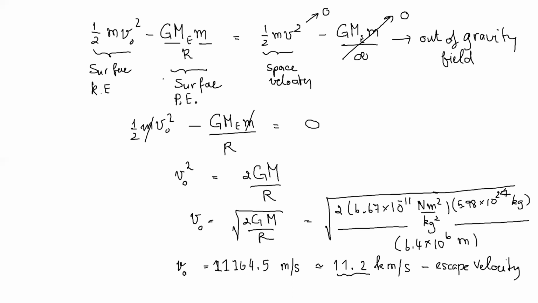So if you want to send a rocket out to space, out of the Earth's gravitational pull, you need to have a rocket speed of at least 11.2 kilometers per second at the surface of the Earth, which is hard to get because you have to speed the rocket up with a lot of acceleration at the beginning.